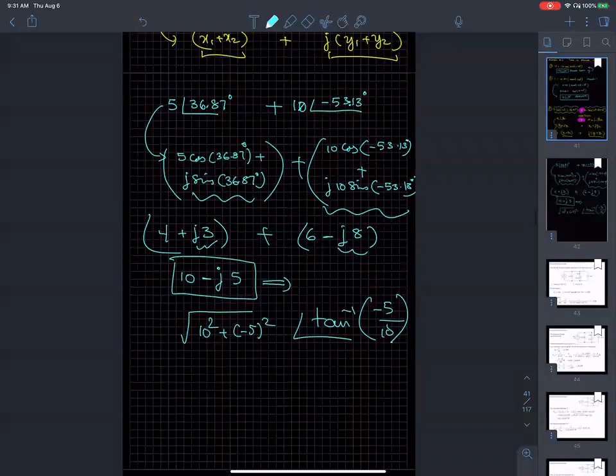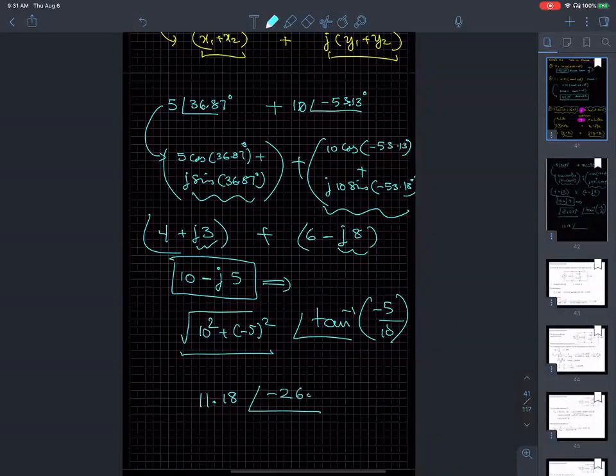So the square root of 10 squared plus negative 5 squared is 11.18, and the angle, tan inverse of negative 1/2, is negative 26.56 degrees.